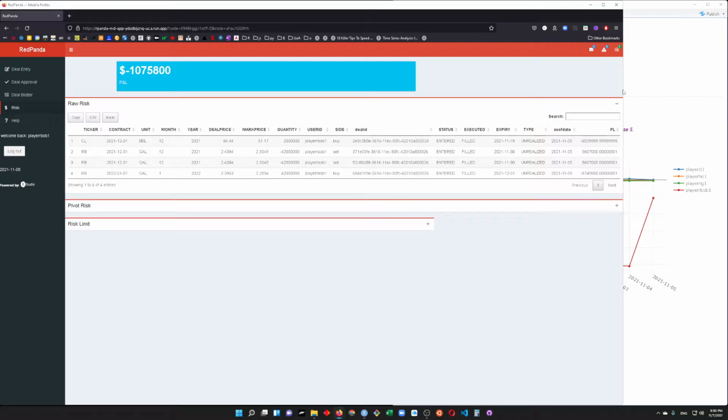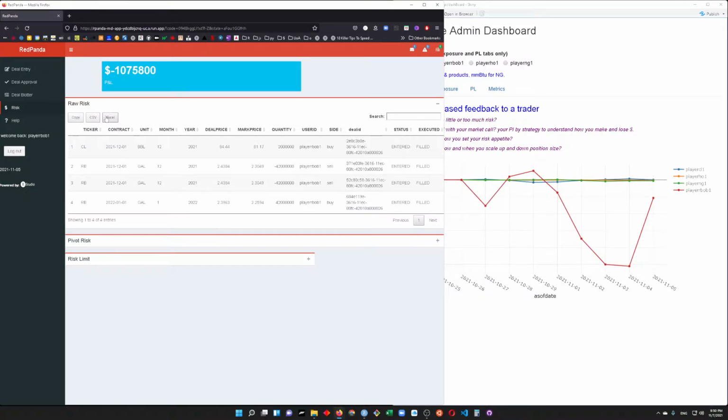Now the expectation on this tab is that you're able to download those trades to Excel or CSV, and then from there confirm what your exposure is. So that'd be fairly important. One point to note is the quantity of contract is always shown in the units of the underlying futures contracts. So for example here, CL for crude will be in barrels, whereas refined products will be in gallons.